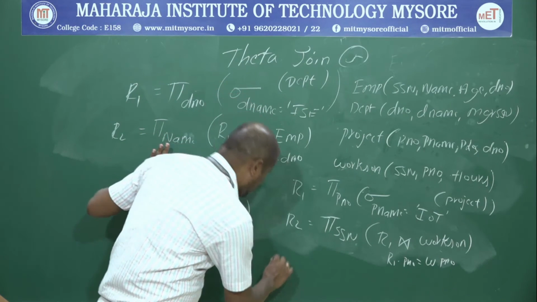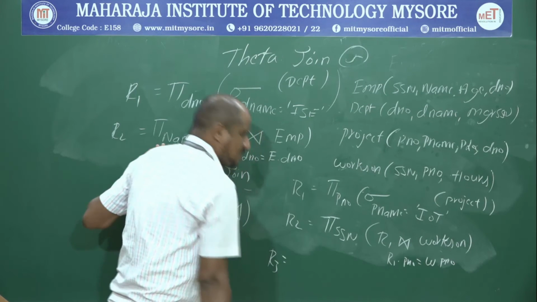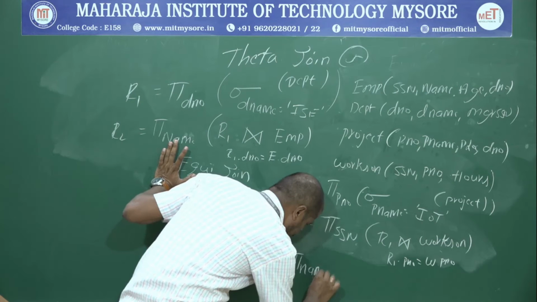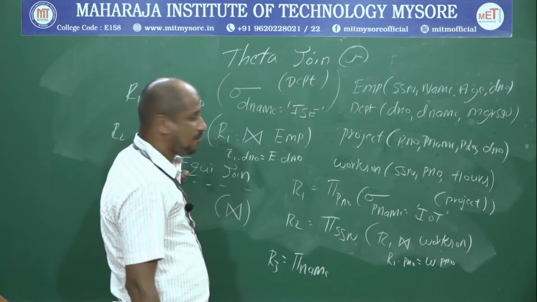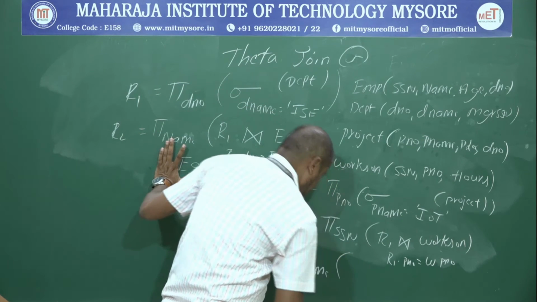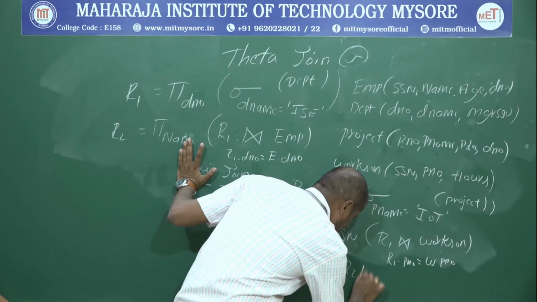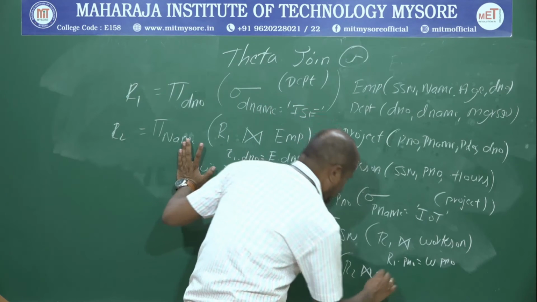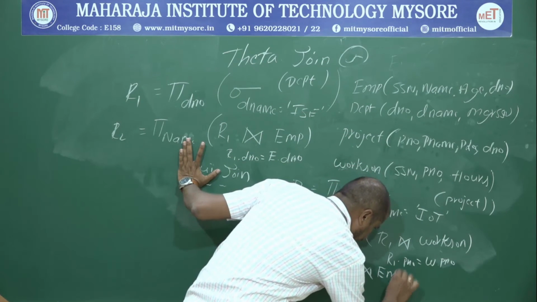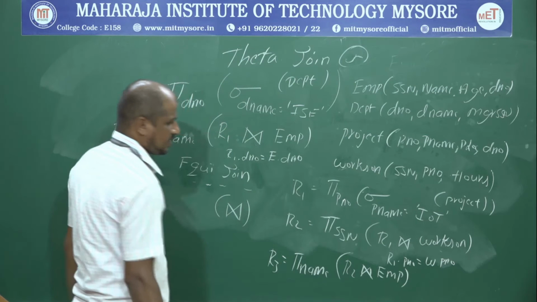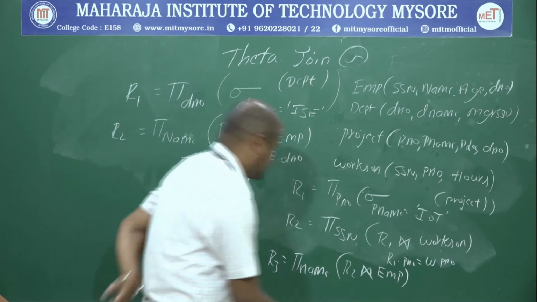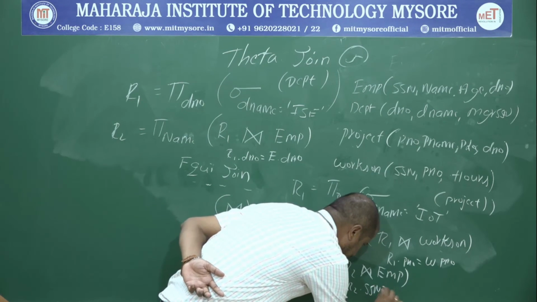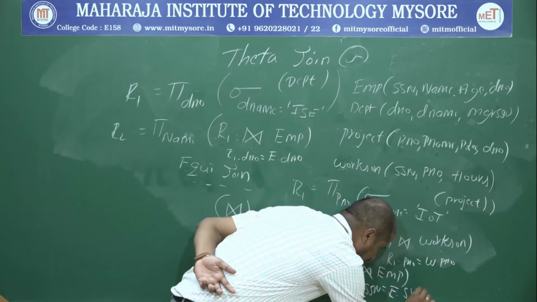So now I have SSN, so my job finally is to get a result through R3, that is name. So the name of the employees I am retrieving: R2 joins with employee table, that is R2 SSN joins with E dot SSN.